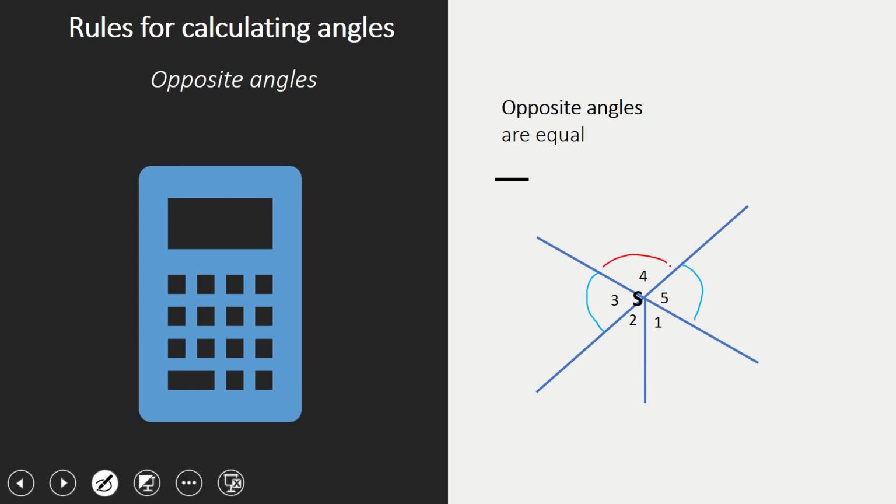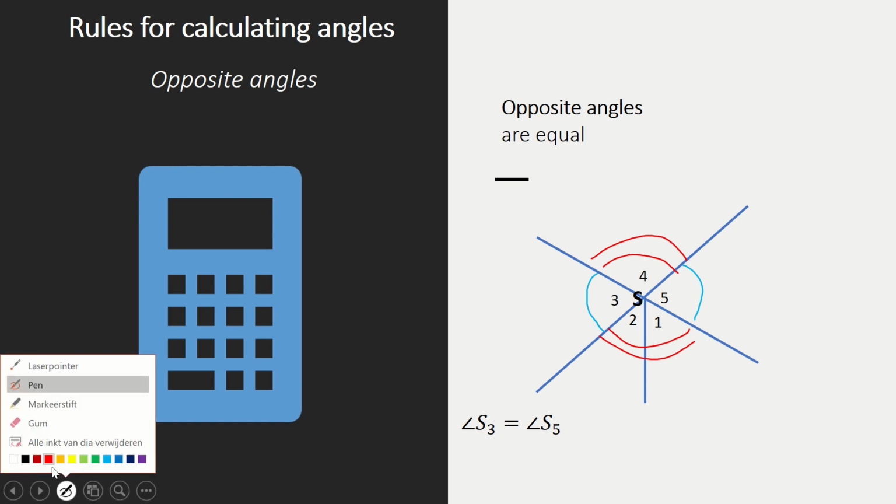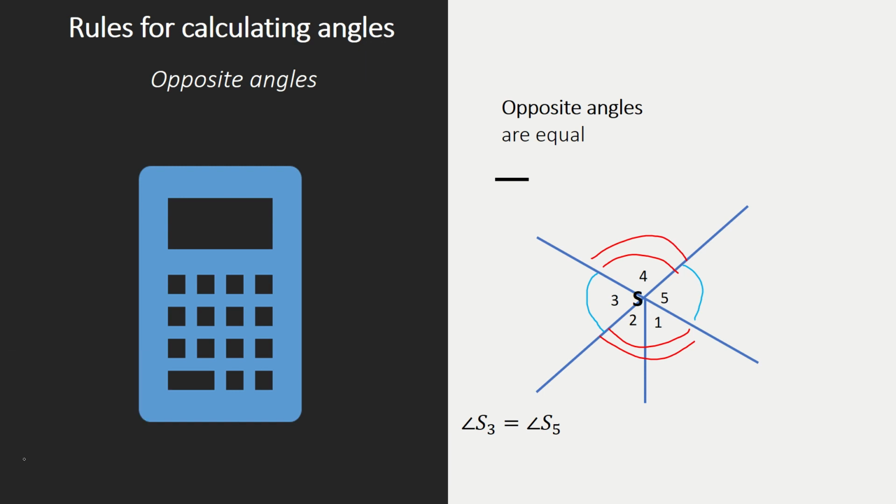But angle S4 is equal to angle S2 plus angle S1. But how do we write this down? We say that angle S3 equals angle S5. And for the ones who forgot, this little sign is the sign of an angle.